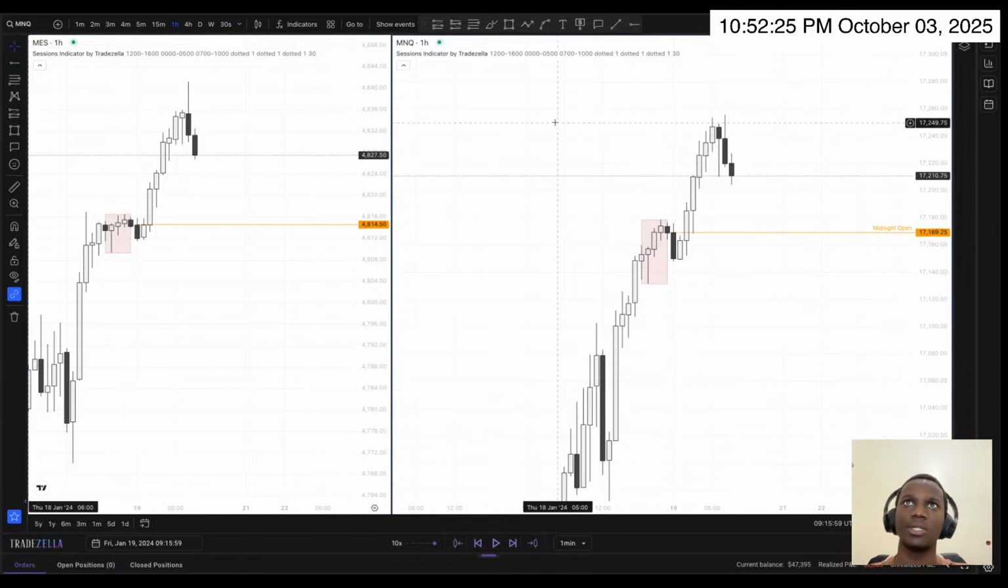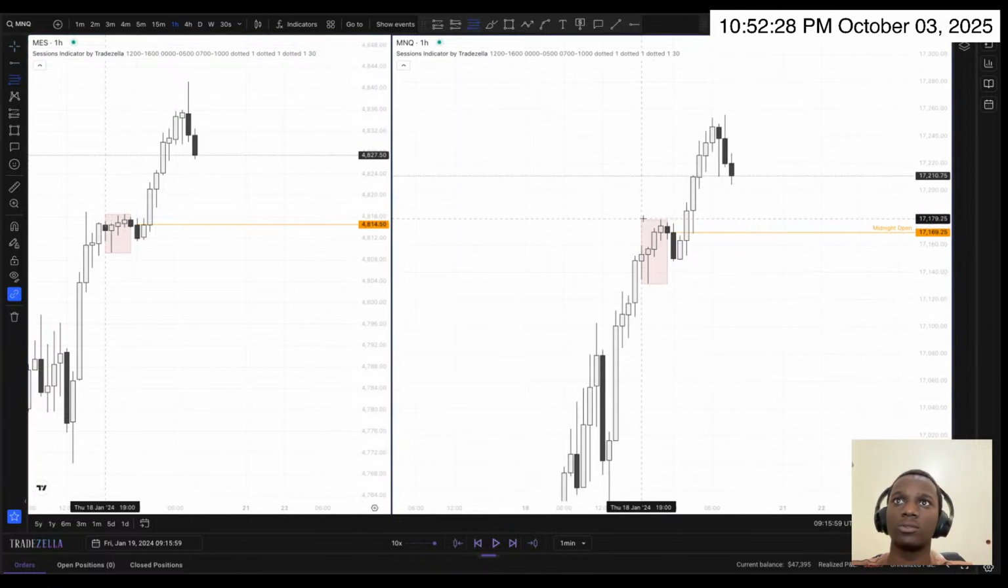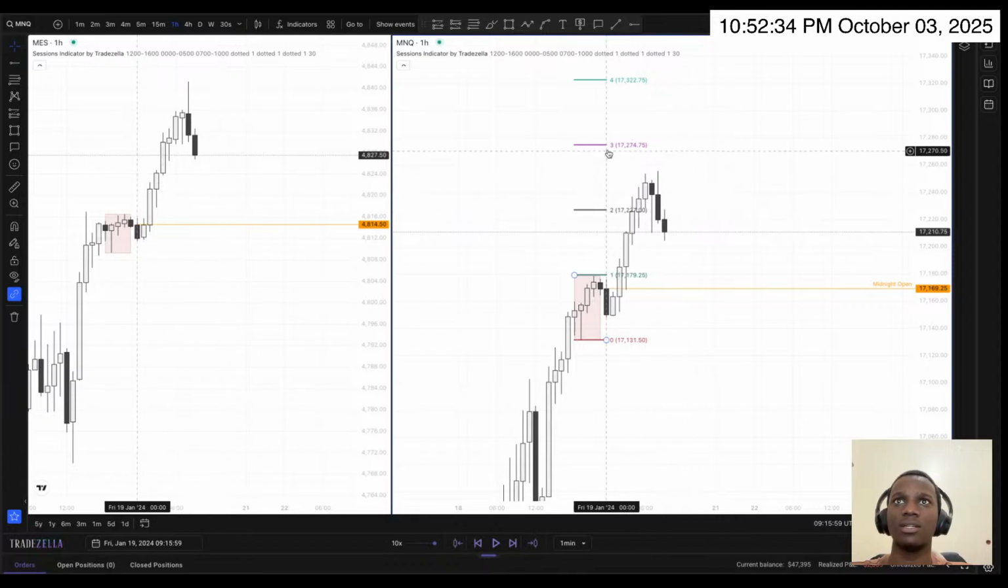This is the Asia range. If we do it like this and look at the standard deviation, we've hit the second, we have the third. Let's mark them up, and the fourth, so that could be our potential targets.